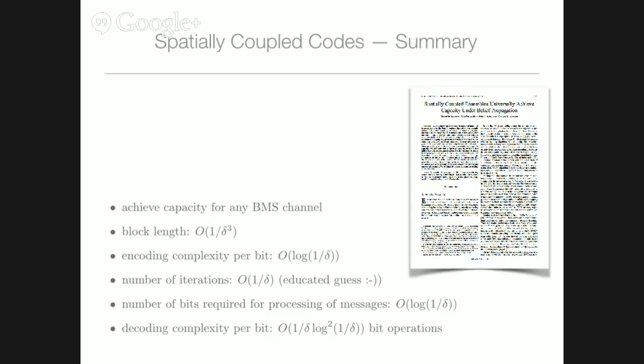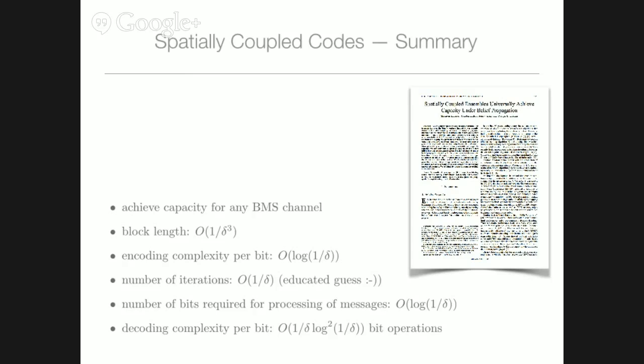You don't need to know, when you construct the code, whether it's a Gaussian channel or a BEC or a BSC. You do still need to know it at the decoder. We don't have right now efficient rules to do the decoding in a universal manner. You can do it, but it's not very efficient. But at least when you construct the code, it doesn't really matter. The only thing the code really depends on is that it has enough mutual information. So that's kind of nice.